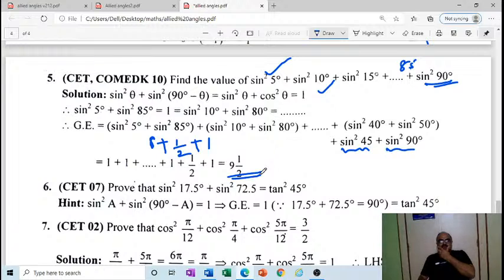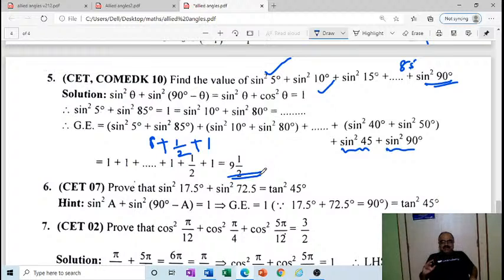Combining those values, 8 such combinations will happen. Then sine square 45 is left in between and sine square 90 is also left, which have direct values of sine. We know those values. So 1 by root 2 whole square becomes 1 by 2 and 1 whole square is 1.